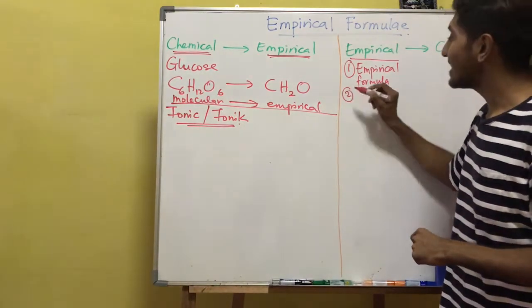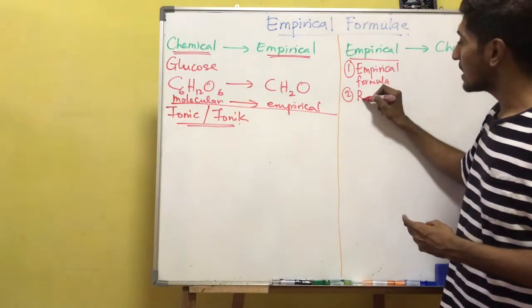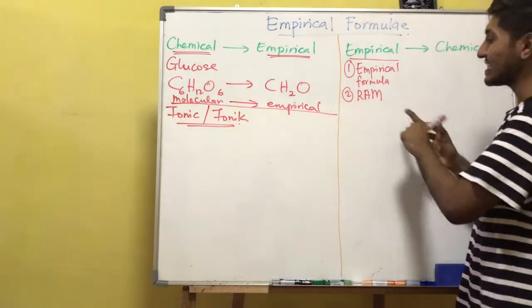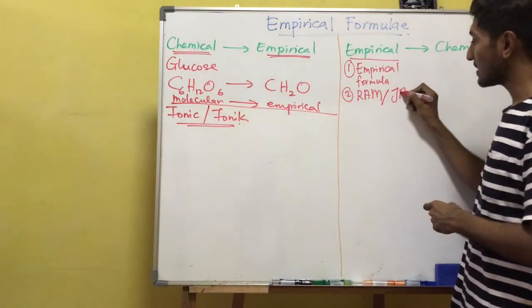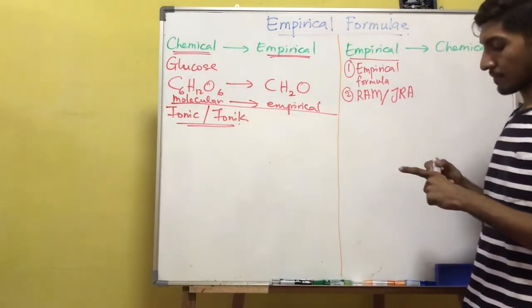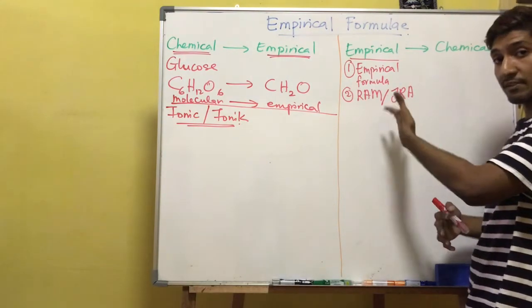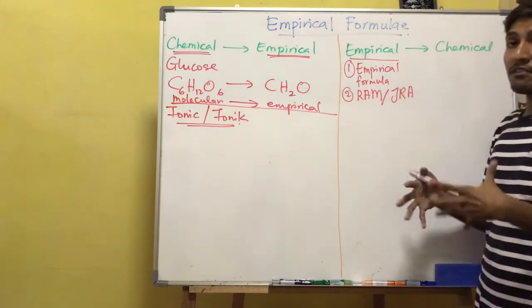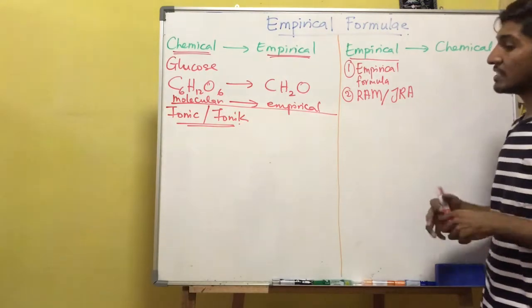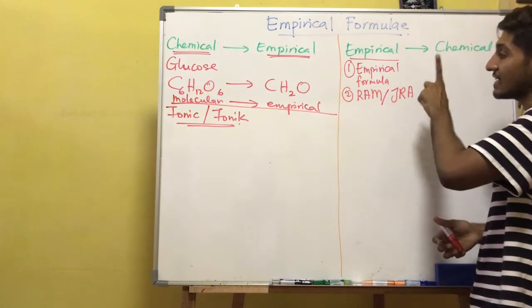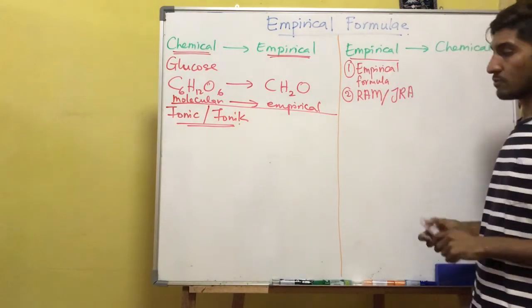Yang kedua, dia kena bagi RAM. Ataupun kita dah belajar jisim relative atom. Betul? Jisim relative atom ataupun relative atomic mass. What relative atomic mass? Ataupun jisim relative atom apa? So, jisim relative atom yang ada di dalam empirical formula itu.